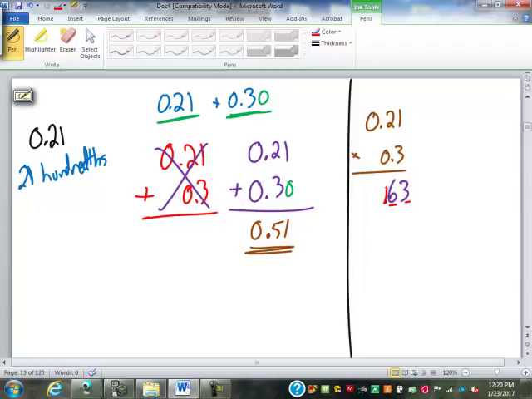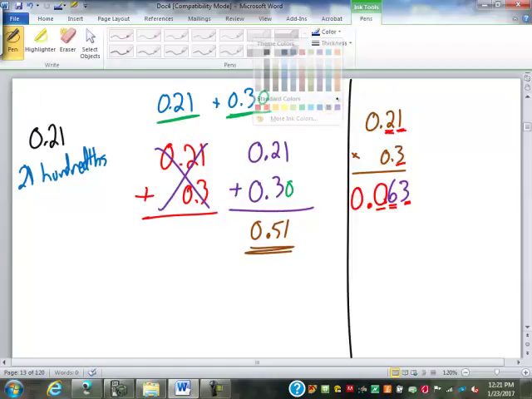Nope. I have to add a 0 there. Why do I have to add a 0 there? Well, what have you been taught? Perfect. You count in the problem. There's 1, 2, 3 decimal places in the problem. So you start at the back of the number. There has to be 1, 2, 3 total decimal places in your answer.